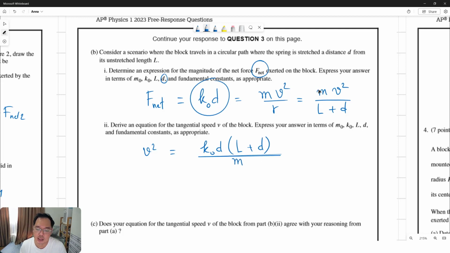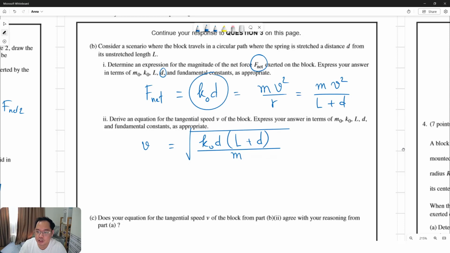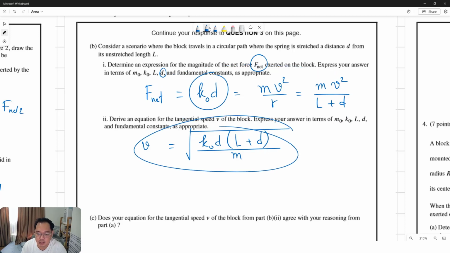Removing the square, we need to put a square root here. Copy the expression for the velocity. Of course, you need to write this equation at the top first, and then write this later. Two steps.